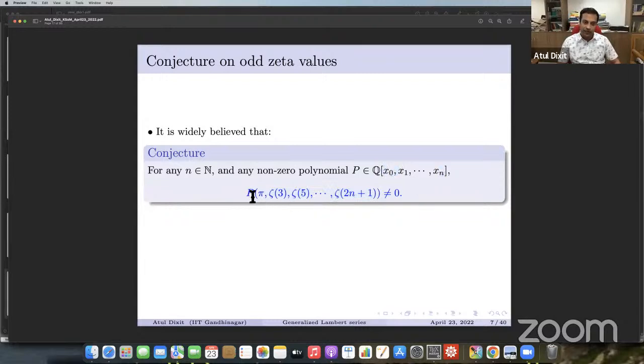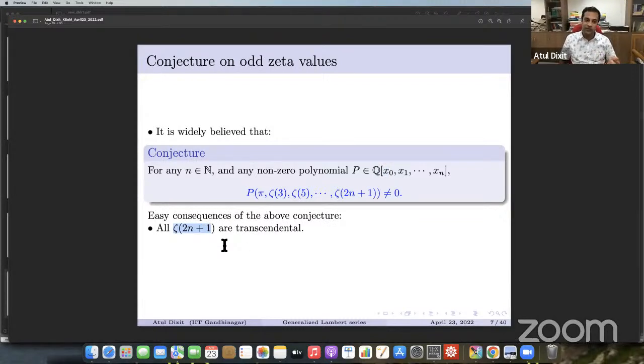Then I'm talking about p of pi comma zeta of 3 not equal to 0. There does not exist any polynomial p such that p of pi comma zeta of 3 is equal to 0. And what will that imply? That will imply that there exists no algebraic relation between pi and zeta of 3. In fact, even if I put just one variable here, that immediately implies that all of these zeta 2n plus 1 are transcendental.